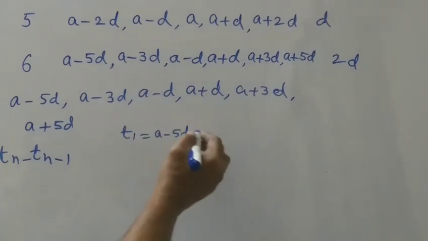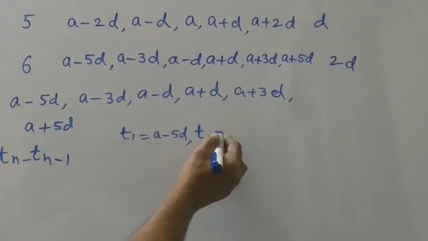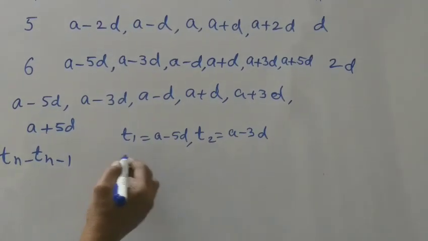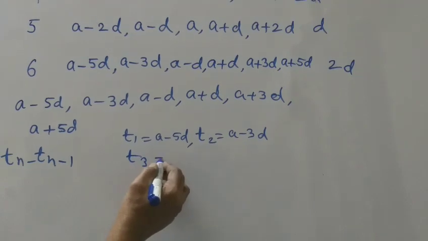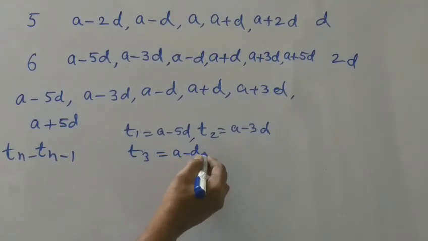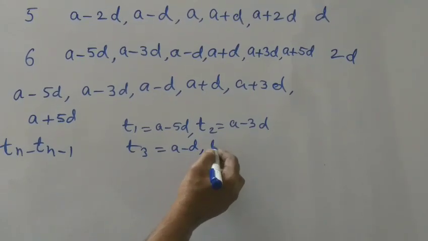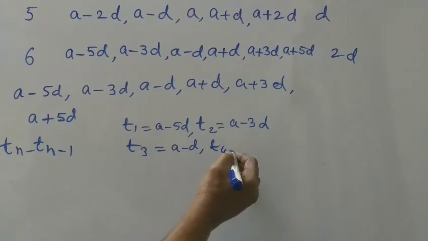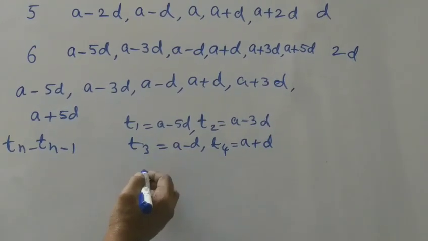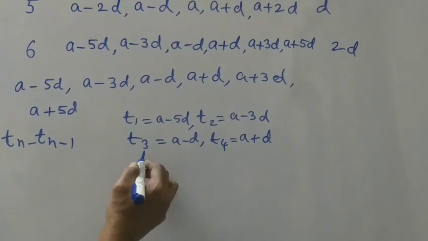Second term is equal to A minus 3d. Third term is equal to A minus d. Fourth term is equal to A plus d. Fifth term is equal to A plus 3d.